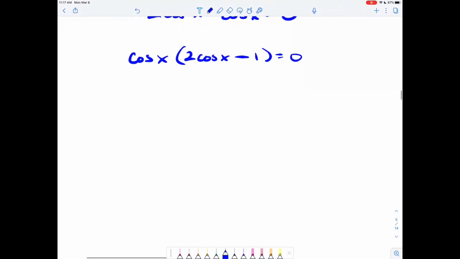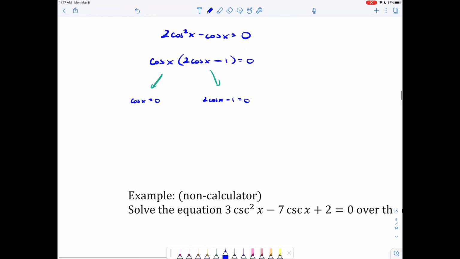As with when you've got solving quadratic equations by factoring, you can separate this into two cases. Case 1 is that cos of x is equal to 0. Case 2 is that 2 cos of x minus 1 is equal to 0. And you solve each of those cases. This one says 2 cos of x is equal to 1. Therefore, cos of x is 1/2.